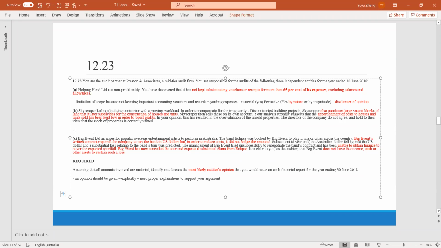So that is material misstatement. In other words, that is disagreement with management, right? Okay. So in this situation, do you think it's material? Is this material? Why? Why could you conclude it is material?